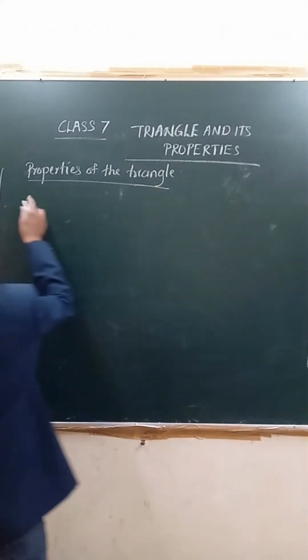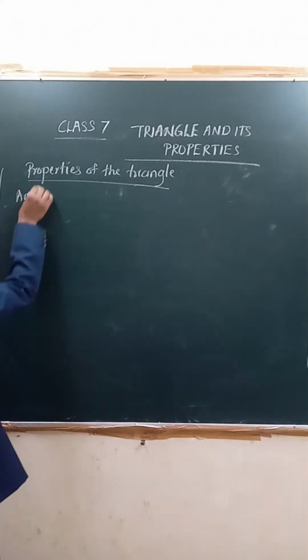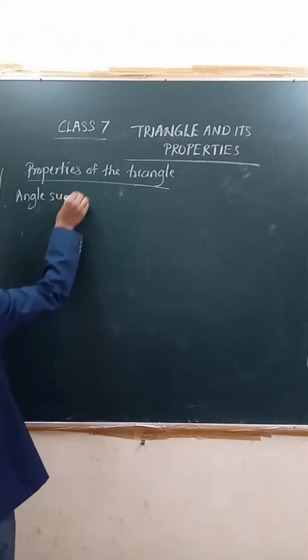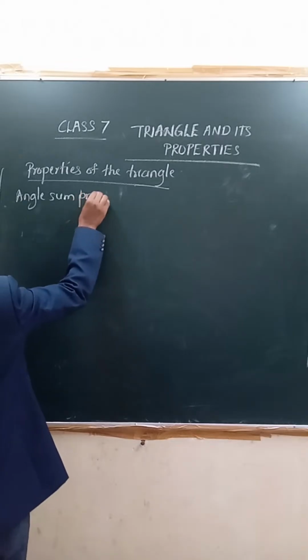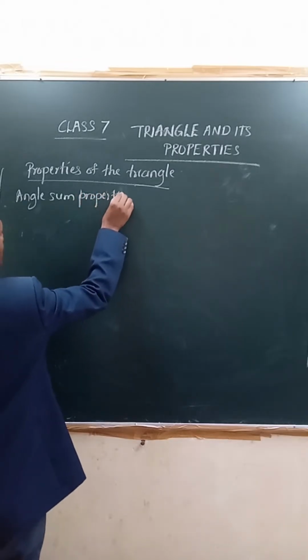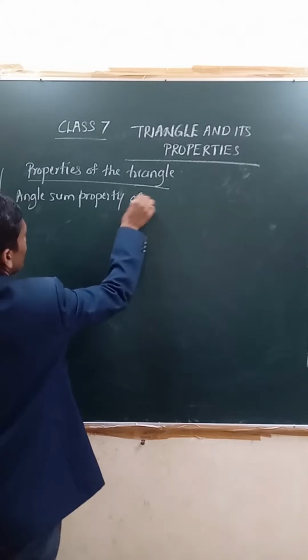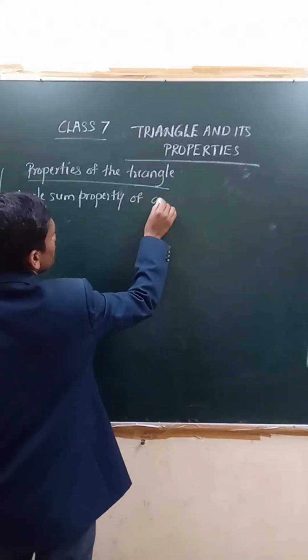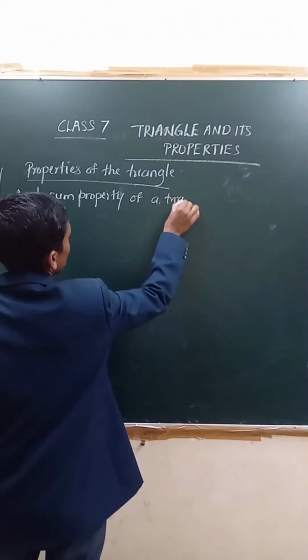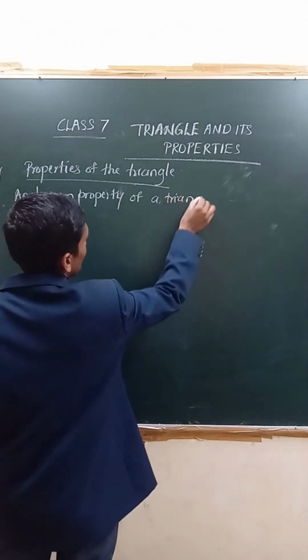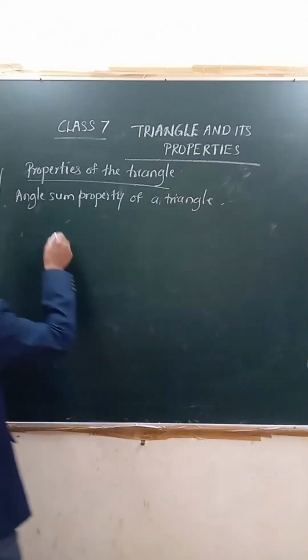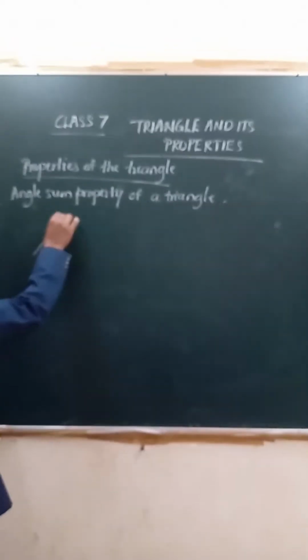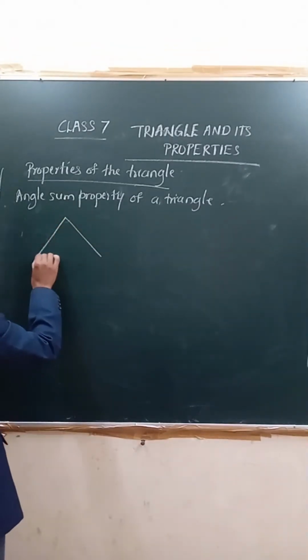See, for that angle sum property of a triangle, we will find out what happens if you draw any triangle. It's very much interesting, right?